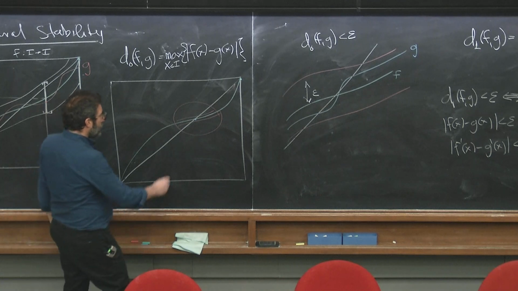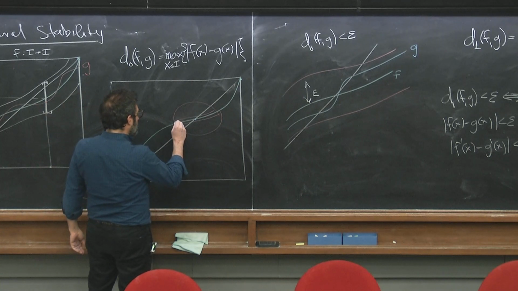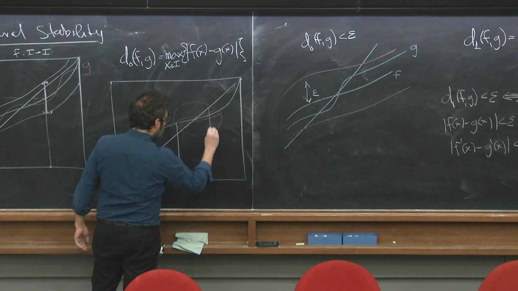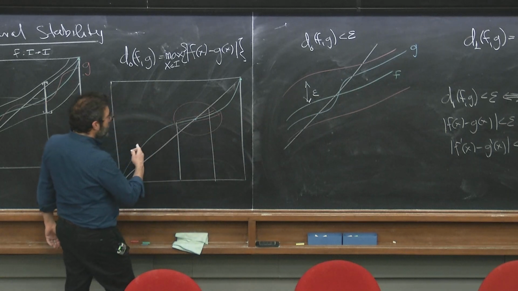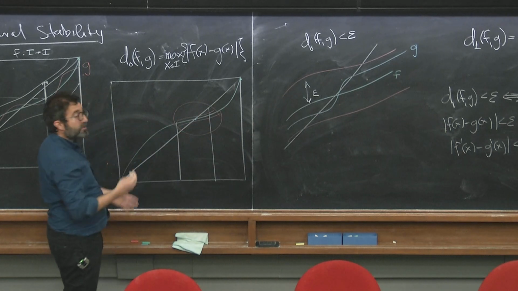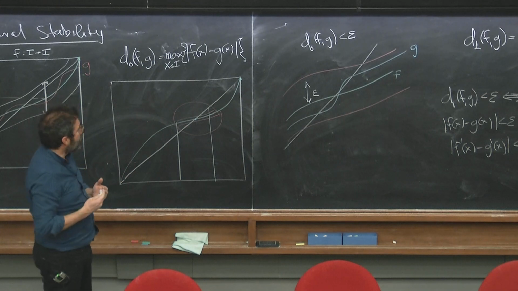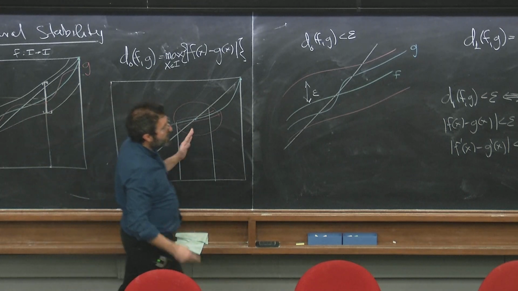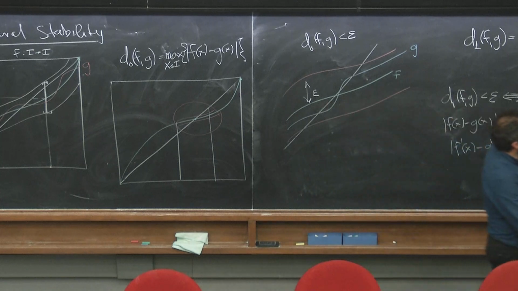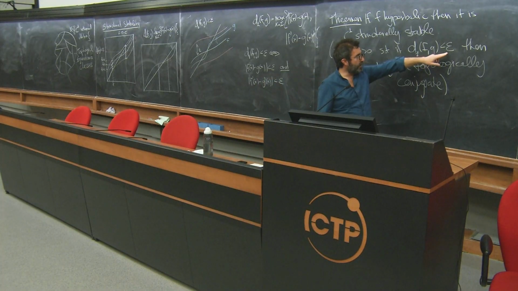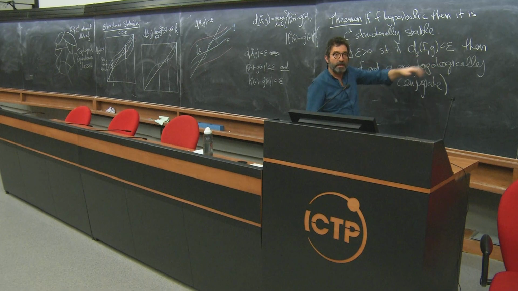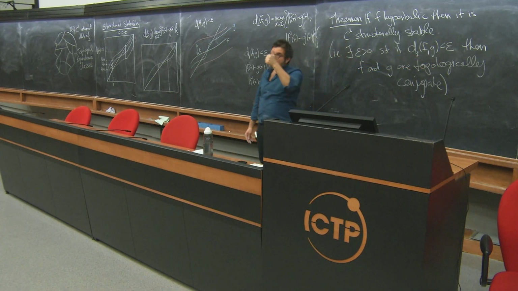You just take some neighborhood of each fixed point. Because of the theorem we've proved before, all we need to show is that as long as a diffeomorphism is sufficiently C1 close, it is still hyperbolic.